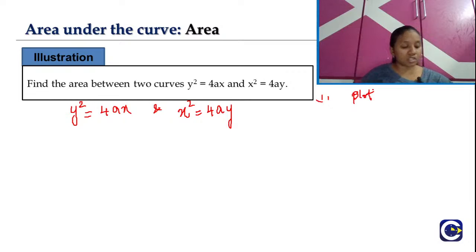So quickly plot the graph first. If we sketch the given curves, we'll get an idea of the required area, and with that we'll get the corresponding limits which will be required.